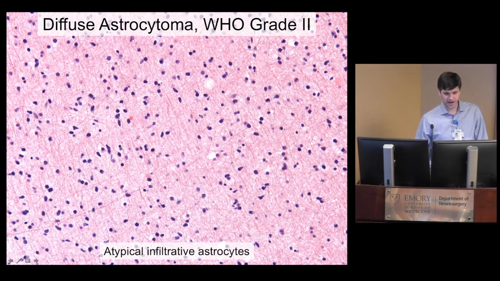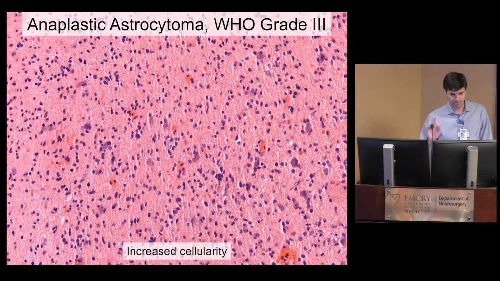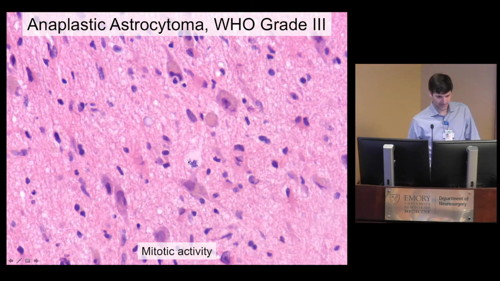So this hypercellular brain tissue with abnormal neuropil and atypical astrocytes is indicative of a diffuse astrocytoma WHO grade 2. We don't see mitotic figures yet, so we won't call it grade 3. But if we start looking around and we start seeing more dense cellularity, and we start running into mitotic figures like this guy here, then we would call this an anaplastic astrocytoma.